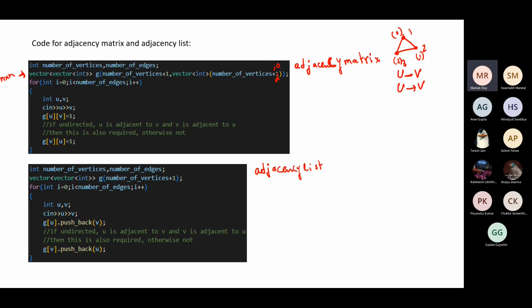Now the adjacency list, it's similar, I guess. Here we again have a vector of vectors, but here we are not filling the list with anything.